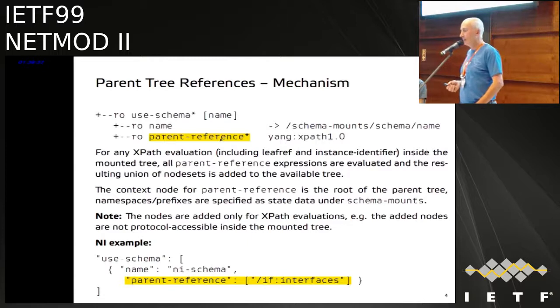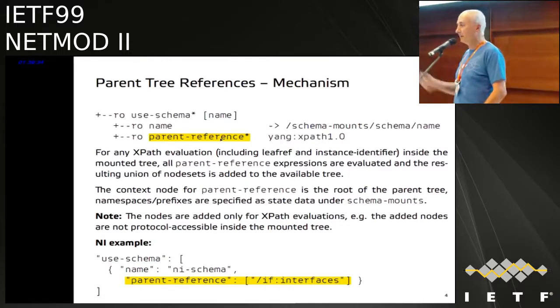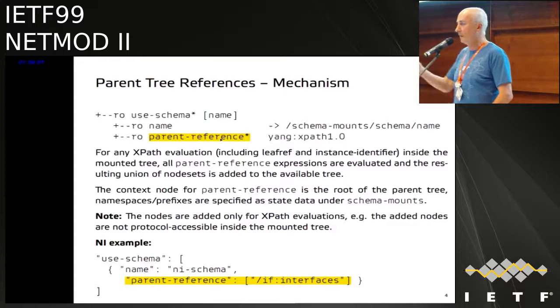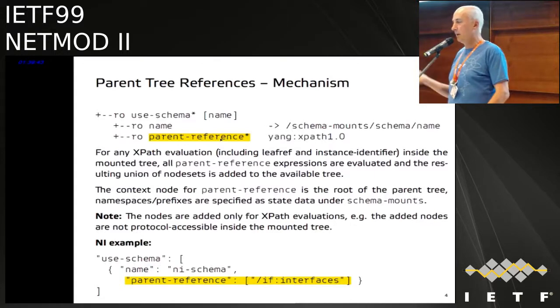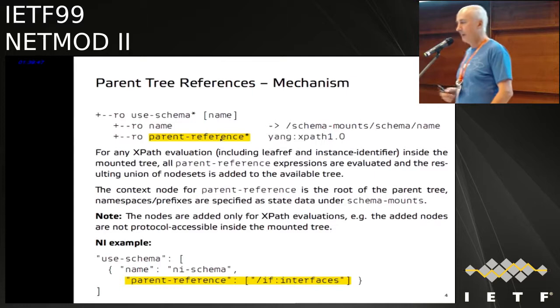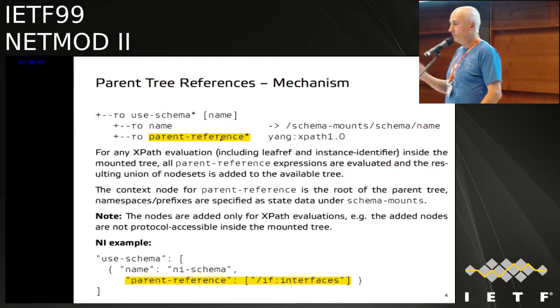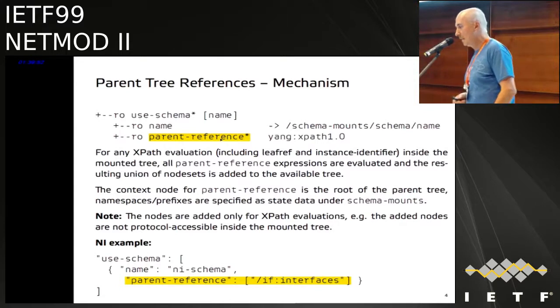This is done inside the state data defining the mounted schemas. So this mapping from prefixes to namespaces is done there, and that's something that needs to be added to that state data.